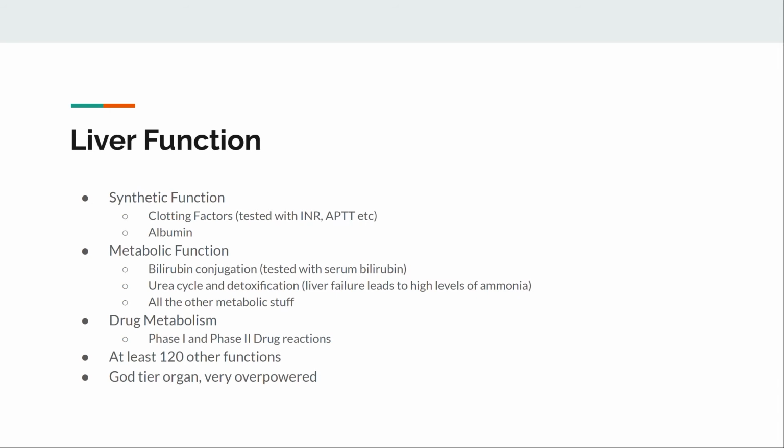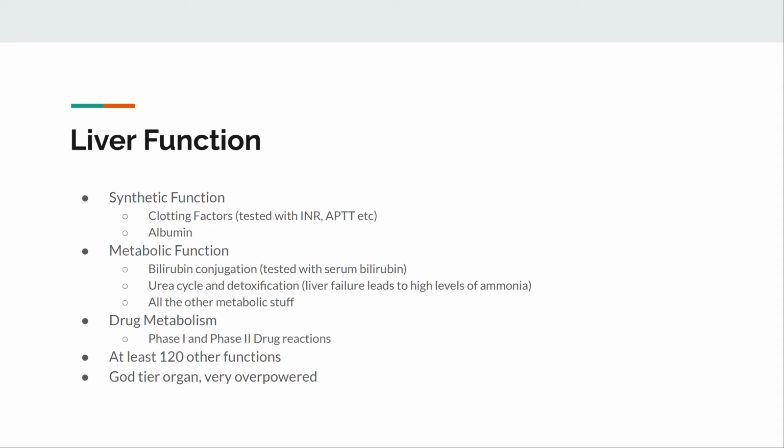So liver function is a poorly used term. So typically when people say LFTs and liver function tests, they're actually talking about liver enzymes. Liver function refers to the actual function of the liver, whereas liver enzymes tells you nothing about how the liver's functioning. So liver function is what we use for the Child-Pugh classification of liver failure.